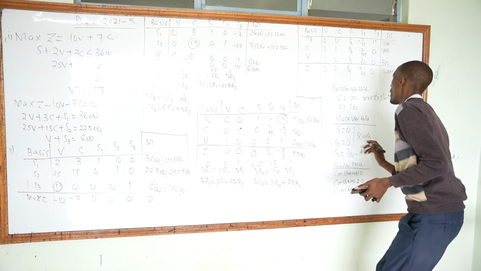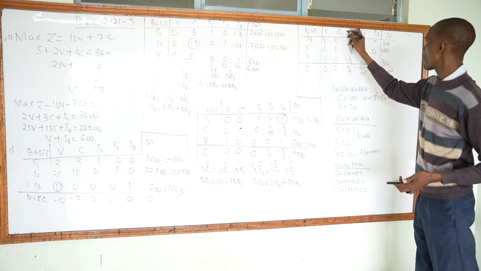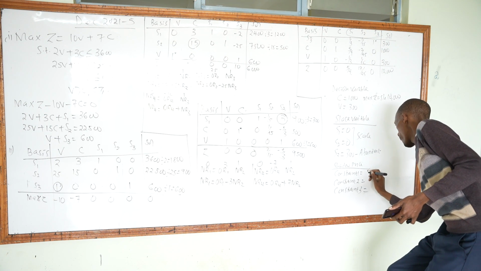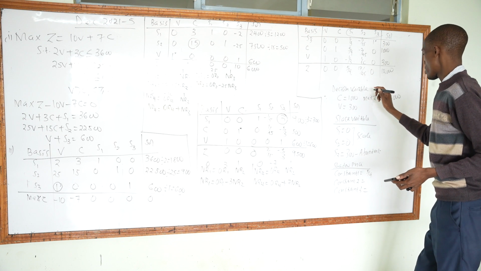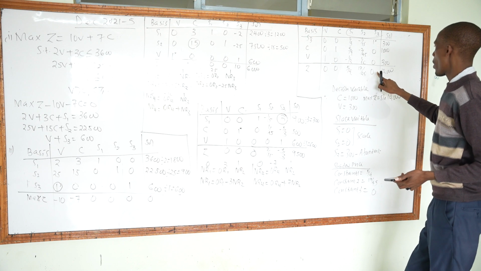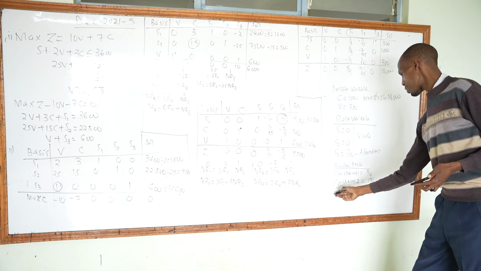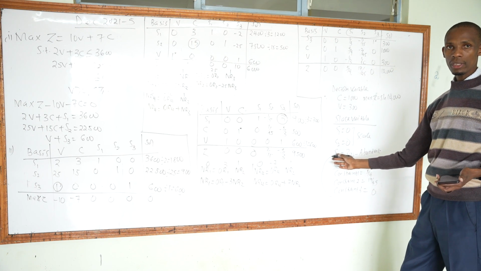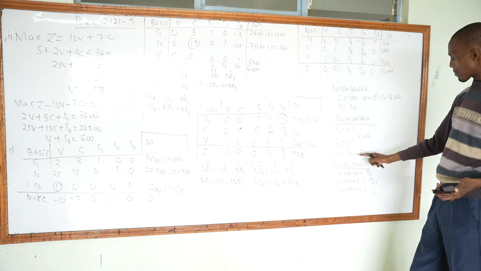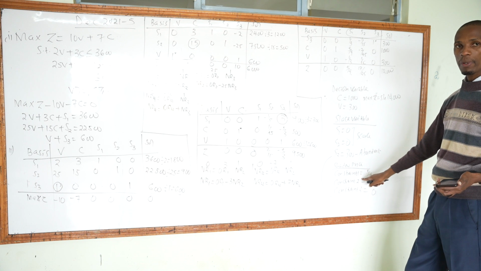We are saying they are under slack value. Remember these are the slack values. If therefore constraint 1 is 5.9, constraint 2 is 17.5, and the constraint 3 is 0. Why is it 0? Because already this was in excess. If it was in excess, the shadow price would be 0. But for scarce ones, the shadow price would not be 0.